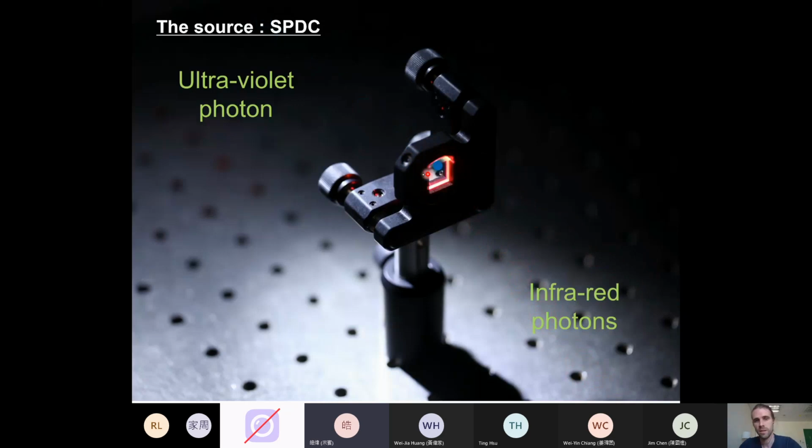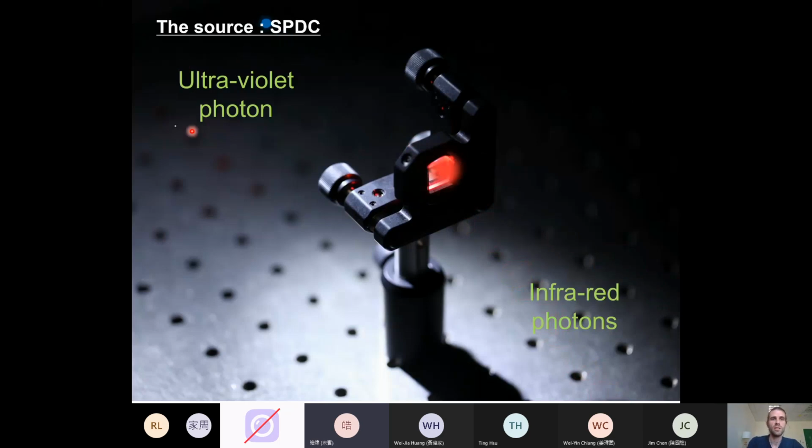Those photons within the UV beam will have a chance to actually interact in a nonlinear way with the material that composes this crystal. Usually we use what we call a BBO crystal. Through this nonlinear interaction, some of these UV photons will be down converted, so broken into two infrared photons.